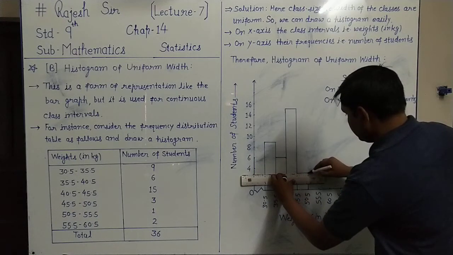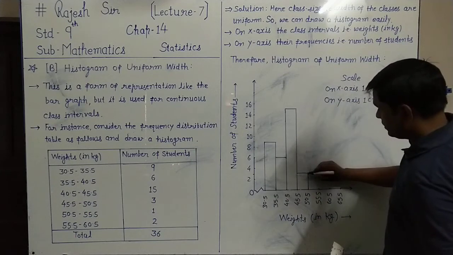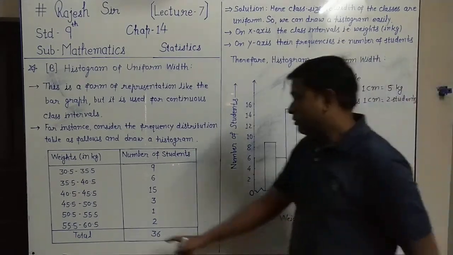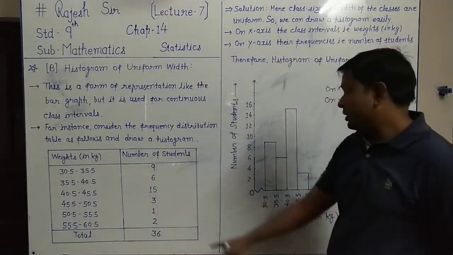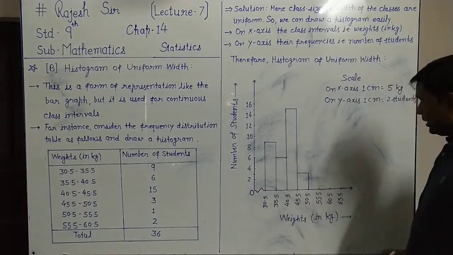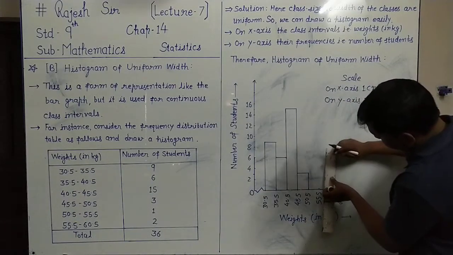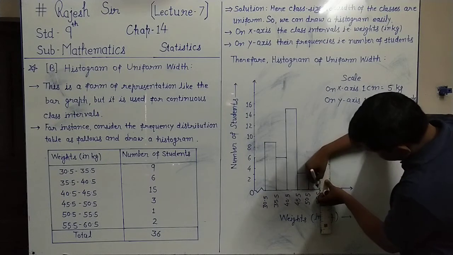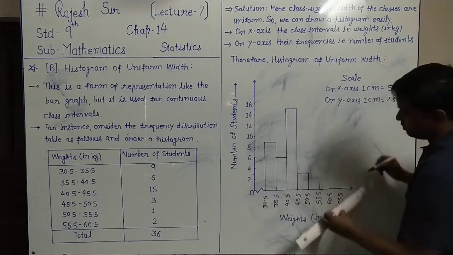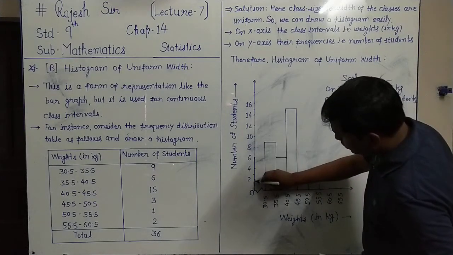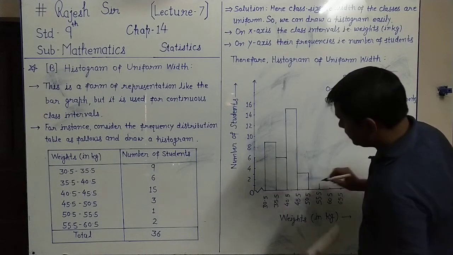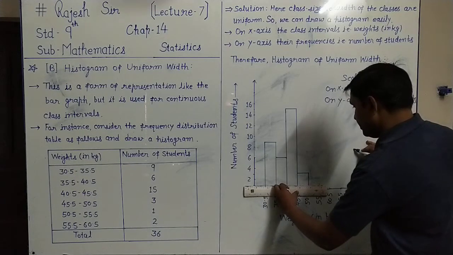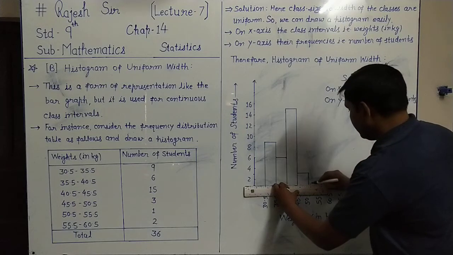Right. Next, 50.5 to 55.5 is one number of students, one only. So this is only one we have to show here. The height will be up to 1 and 1 will be between 0 to 2. So this height must be, so this is the height of 1 we are showing.